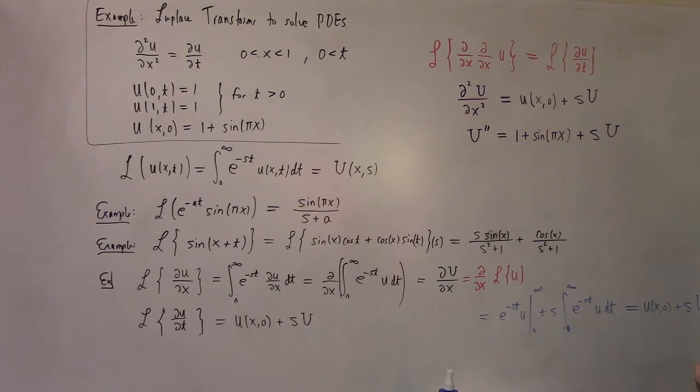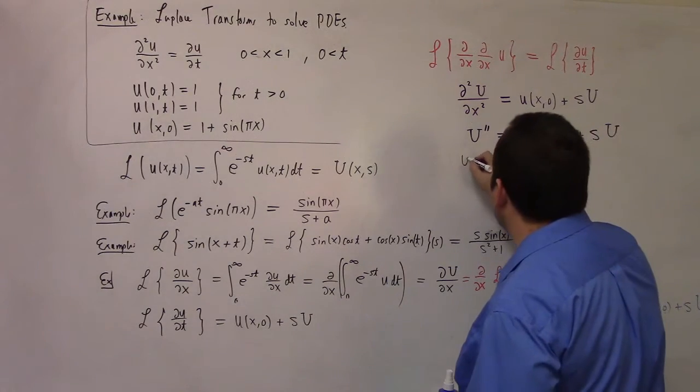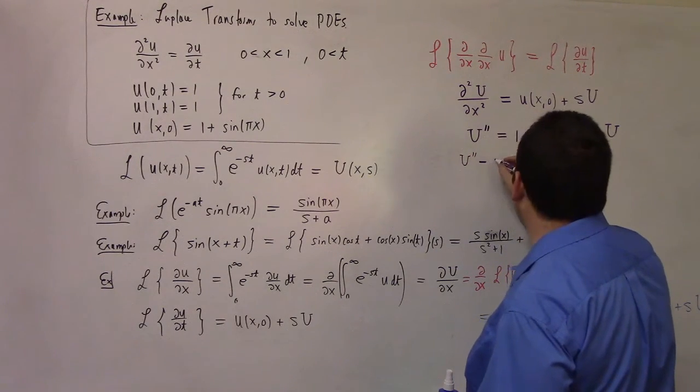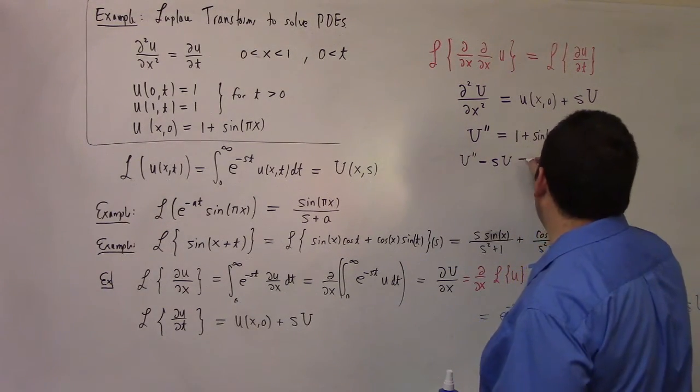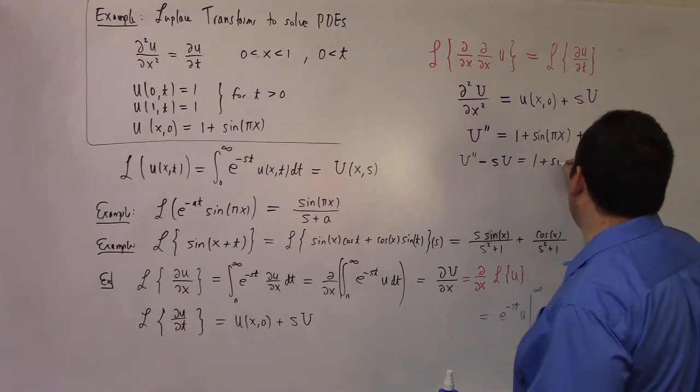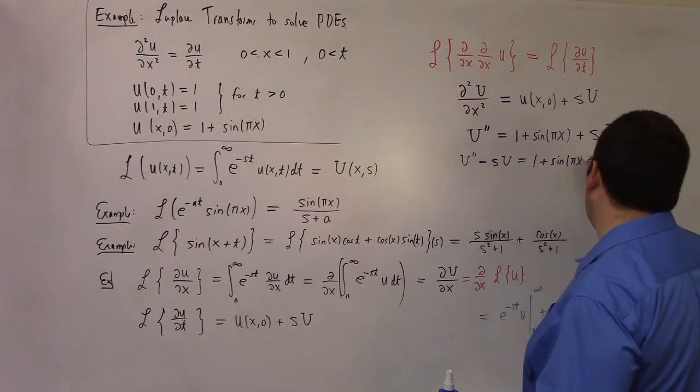Now what can we do? That's an x derivative. S is appearing algebraically, right? So we really have u prime prime minus s u equal to 1 plus the sine of pi x.